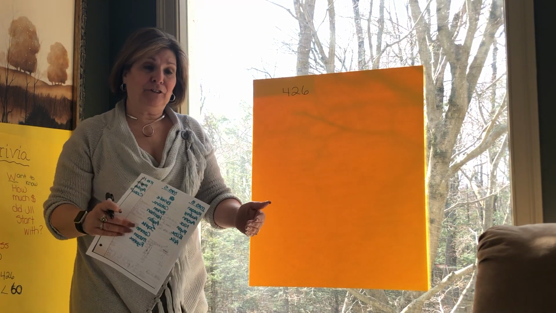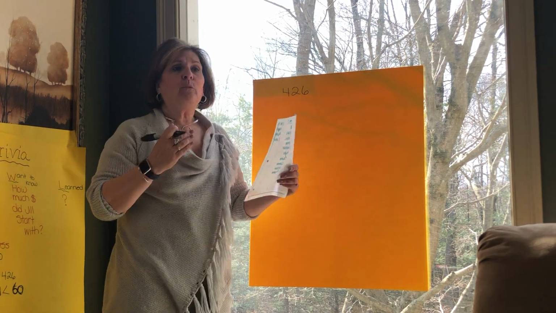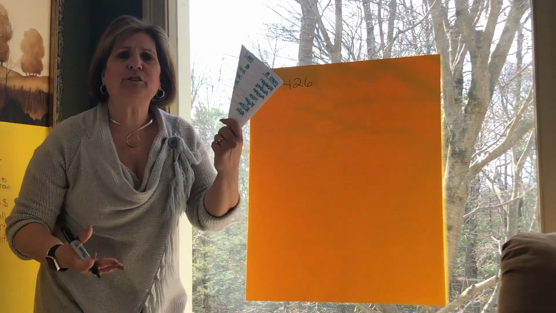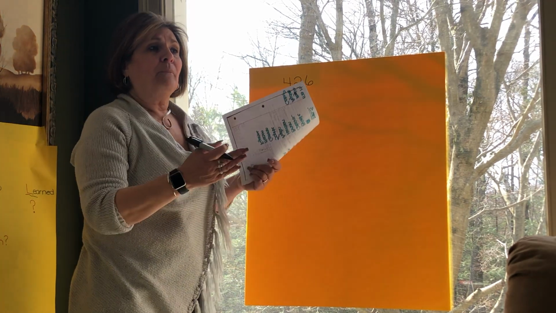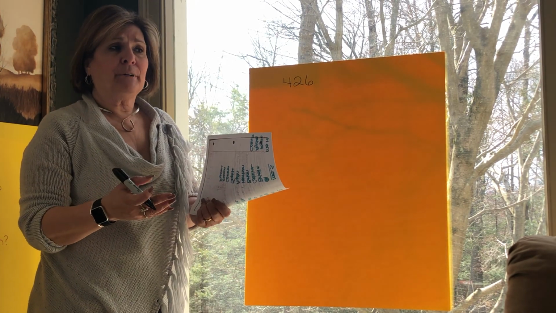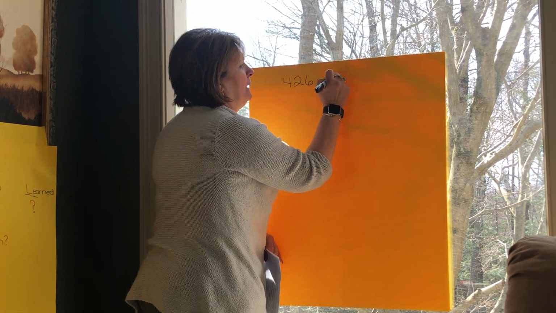That was after Kevin had tripled it. So when you work backwards, you also have to do the inverse operation. So rather than multiplying it by 3, we're going to divide it by 3.